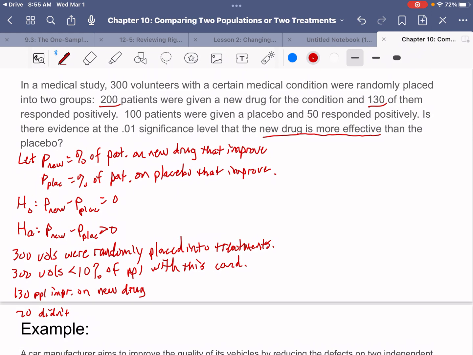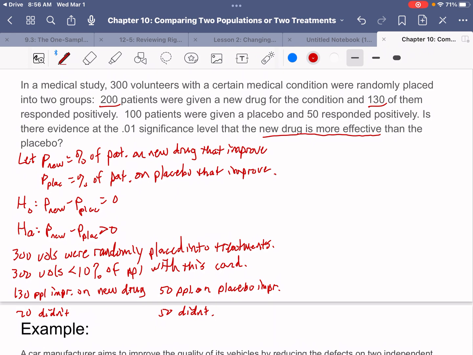And likewise, it is said that 50 people on the placebo improved and 50 didn't. All of those numbers are greater than or equal to 10. So I have to show that 4 numbers are all greater than or equal to 10.